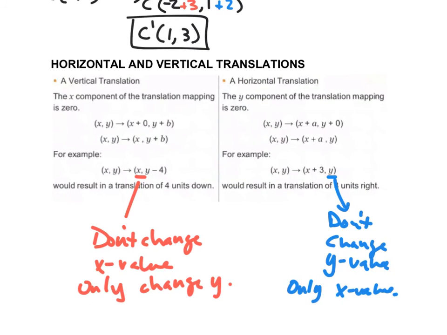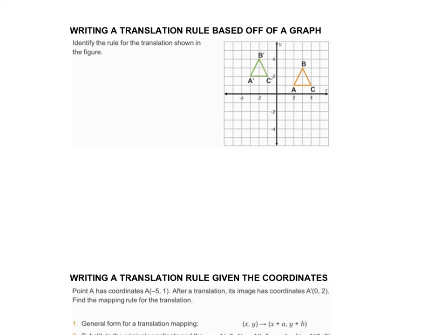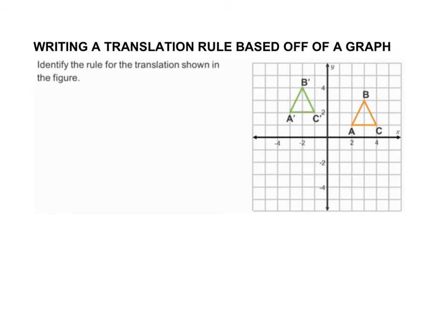Okay, let's take a look at the last page real quick. On this, what I want to do is write a translation rule based off of the graph. Identify the rule of the translation shown in the figure. So what I want to do is go from one point to the next, and I can do this a couple different ways. I can do it on a graph, and going from B to B prime, I'm going up 1 unit, and then to the left, looks like I'm going 5 units.